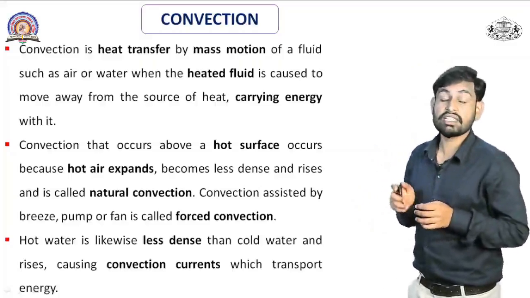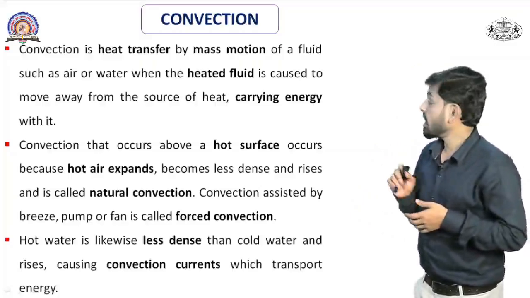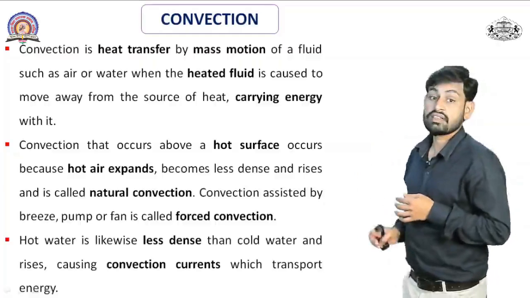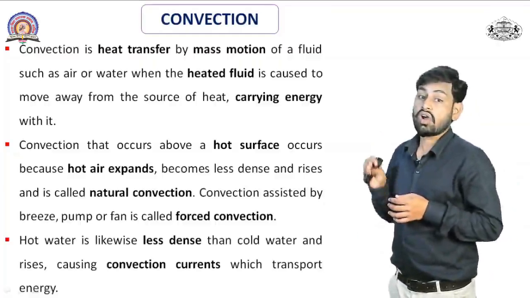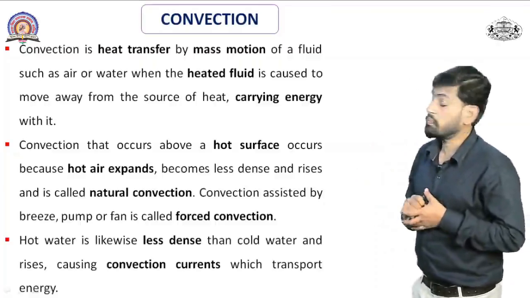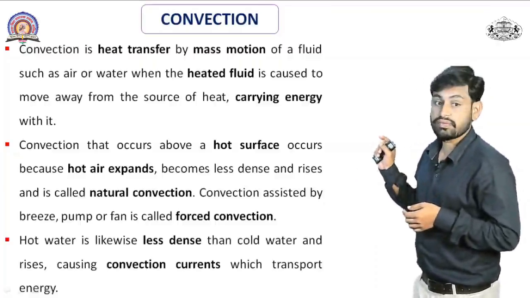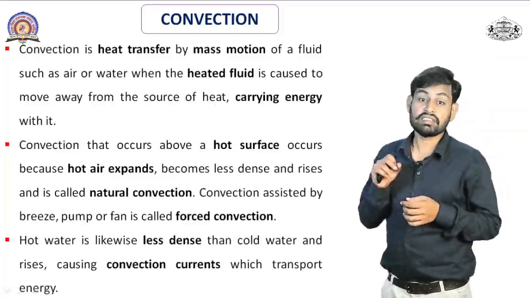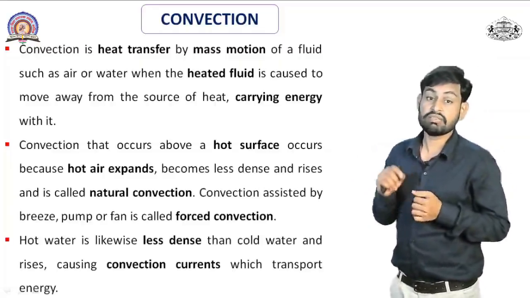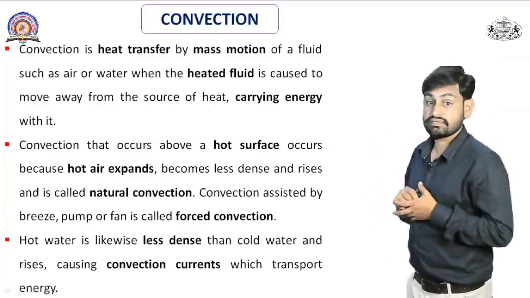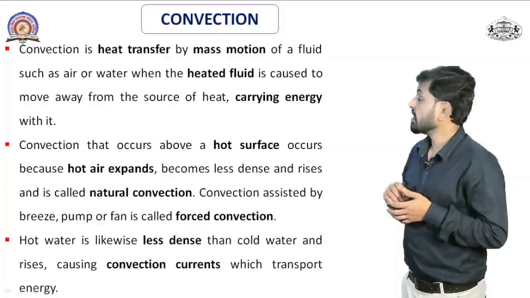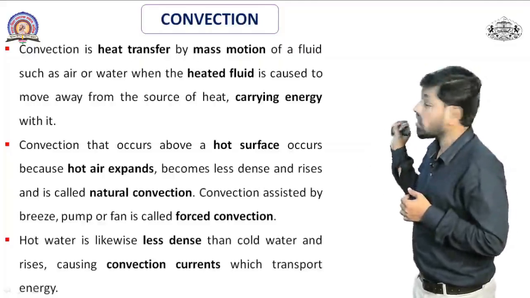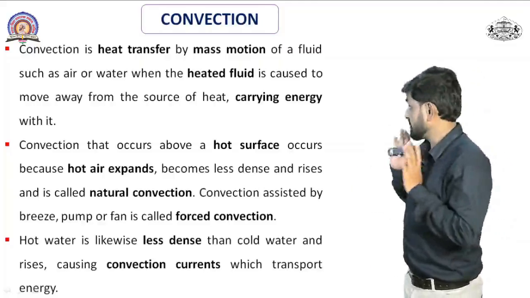Convection that occurs about a hot surface occurs because hot air expands, becomes less dense and rises, and is called natural convection.